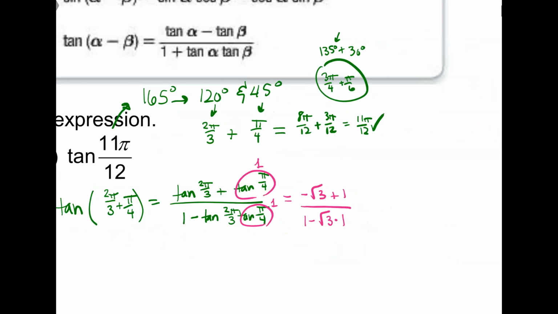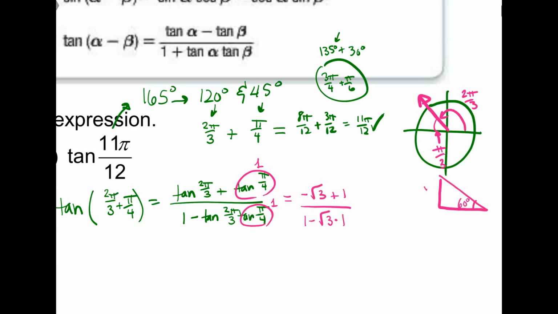Just to make sure we understand where that comes from. If this is 2 pi over 3, that means that angle right there is pi over 3, which is a 60-degree angle. Right? Pi over 3 is 60 degrees.